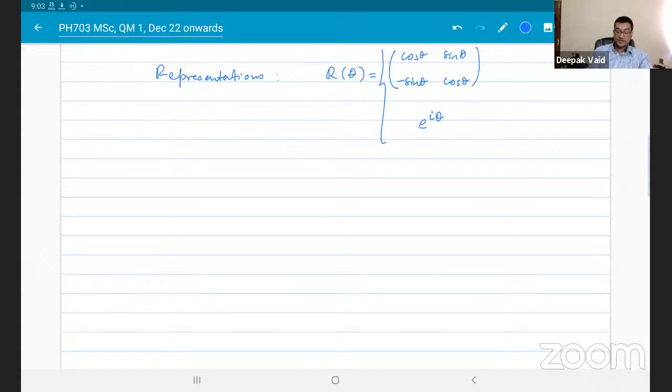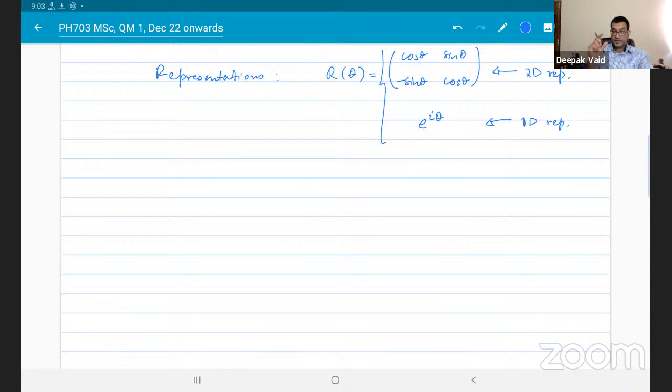These are two different representations. I call this a one-dimensional representation, and this a two-dimensional representation.